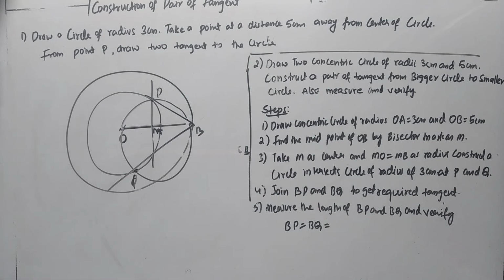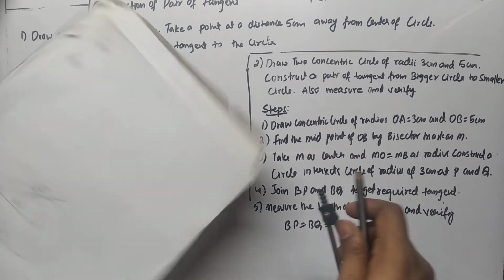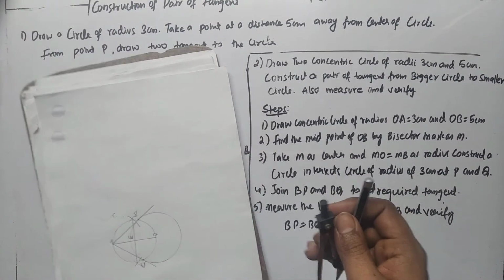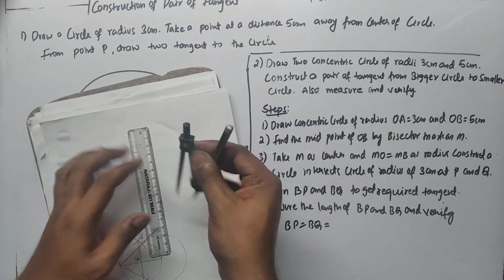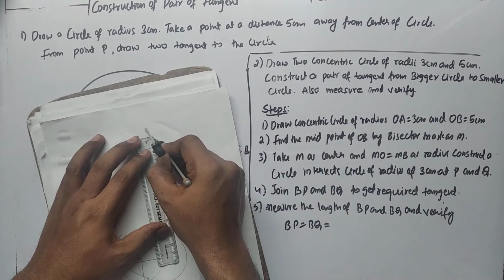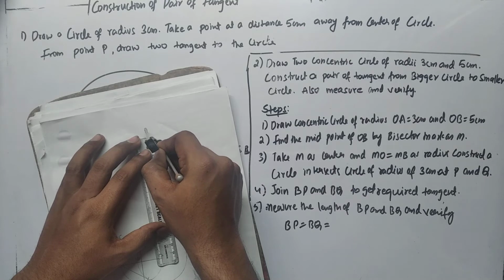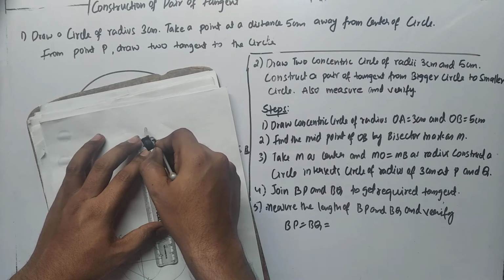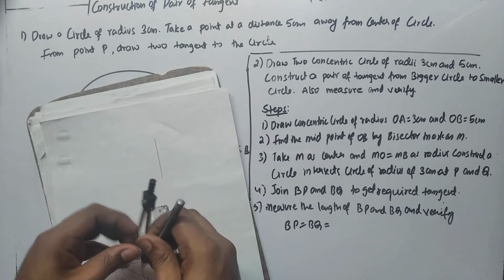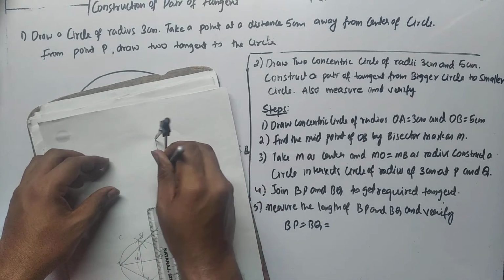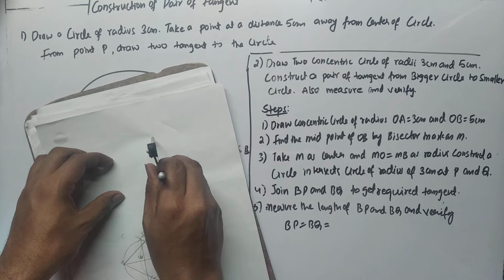Okay. So first step is we have to draw concentric circles of radius 3 centimeter and 5 centimeter. So you have to draw a circle of 5 centimeter and 3 centimeter. Your wish, you have to draw concentric circles.